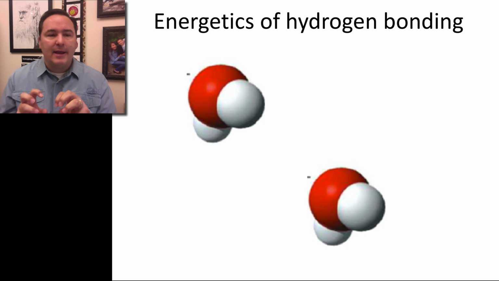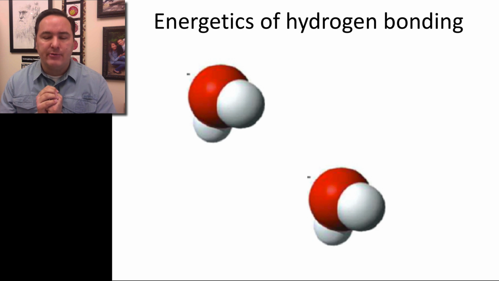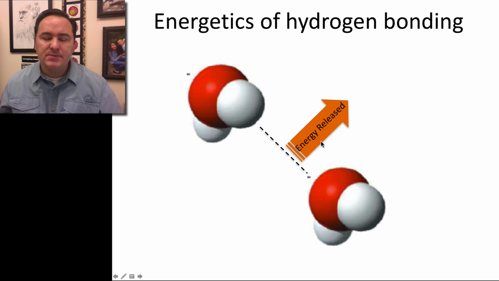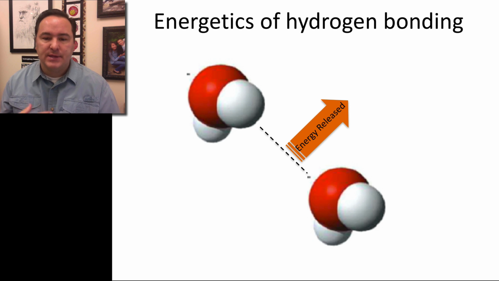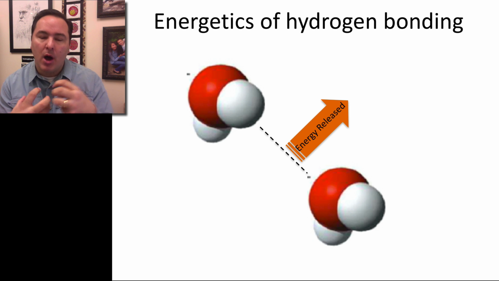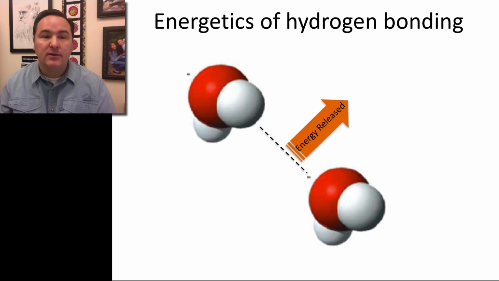So let's look at the energetics of this hydrogen bonding. Here we have two molecules of water, and when this bond is formed, there's actually energy that is released. And so the bonding of two water molecules is energetically favorable.